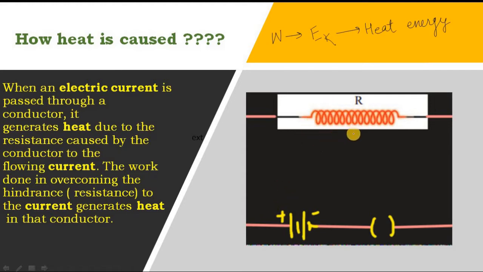Here is just an example of how the heat is produced in a resistor. The heat produced actually depends on the kind of resistor we are using. If it is an alloy, it will produce a lot of heat. If it's not an alloy, then it will produce less heat. So it all depends on the type of resistor we are using.